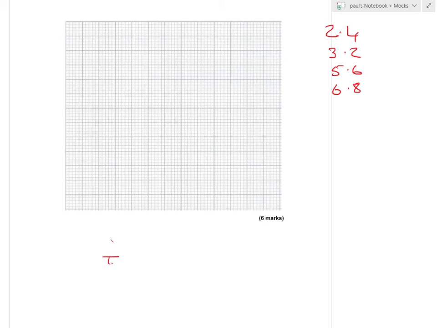So I'm going to put this year is 2020. So that's 2020, 2019, 2018, and 2017.